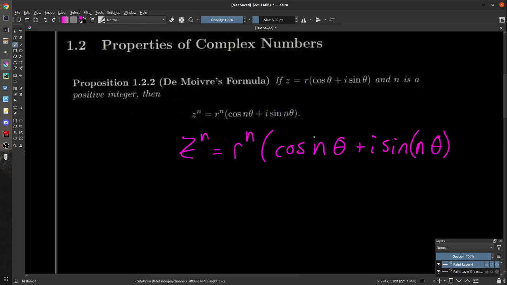I'll put those in parentheses just to make everything very clear. Okay, so if z is r cosine theta plus i sine theta, rewriting this in case it isn't visible well to you in that light text, we've got this nice thing right here.